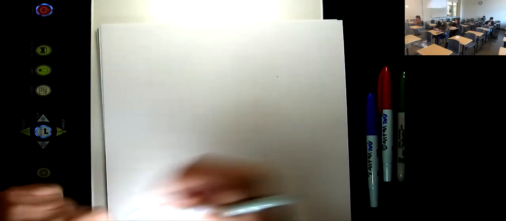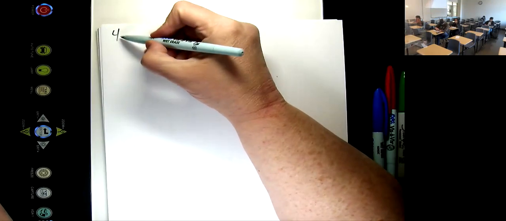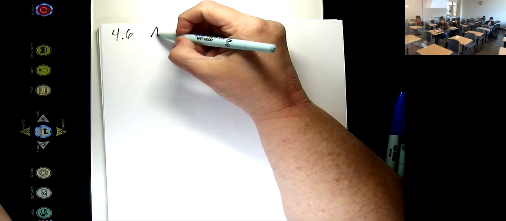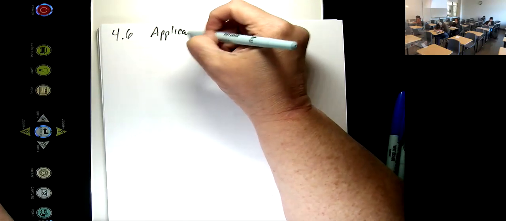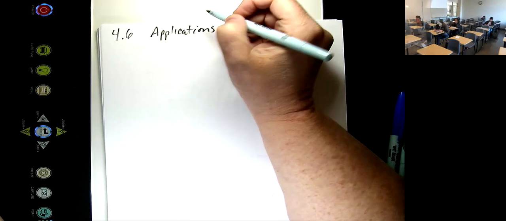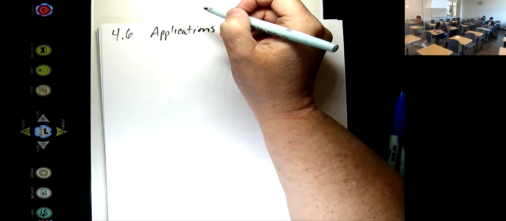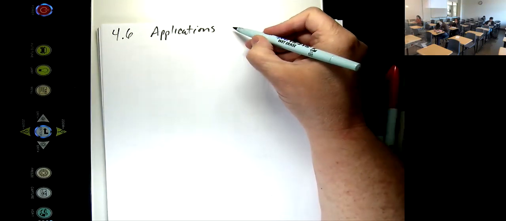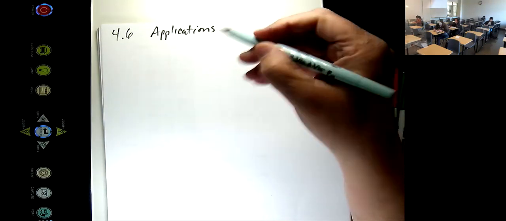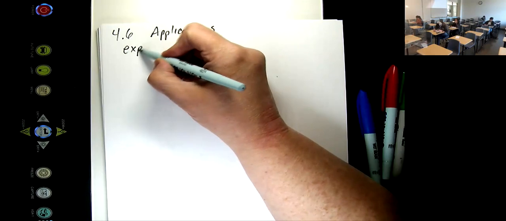4.6 is applications and models. When we have exponentials, this is called the exponential growth or decay models.